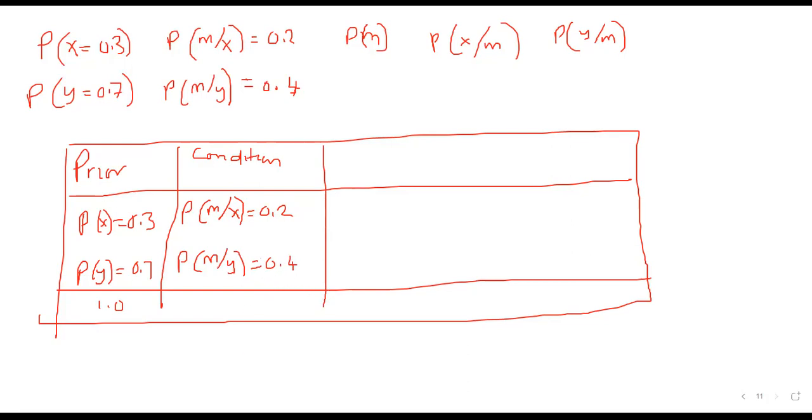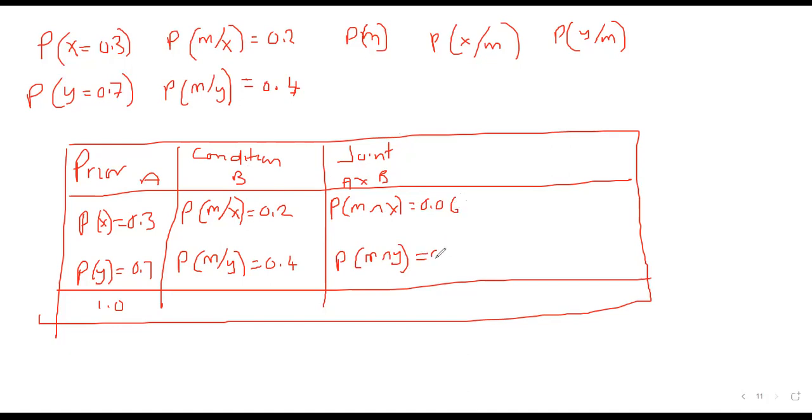For the conditional probability. Then there is the joint. This is a joint. Good. So when we apply this one, it will be m intersection what? x. Then this will be m intersection what? y. So I'm applying column A times column B. What are we getting? 0.06.